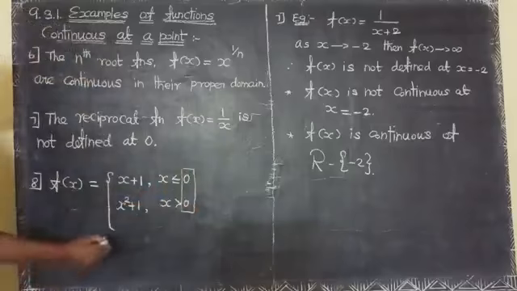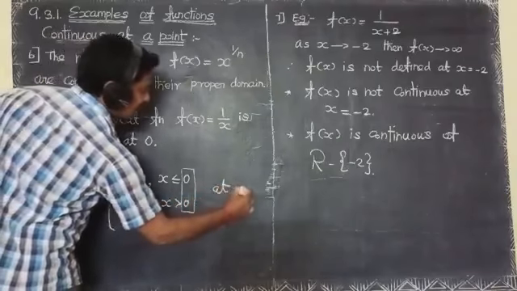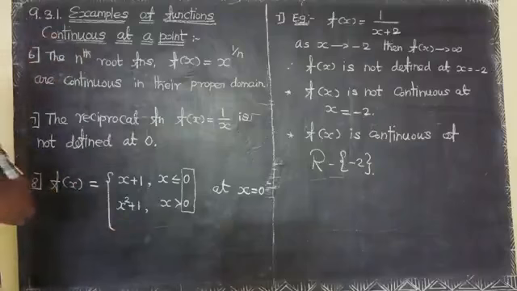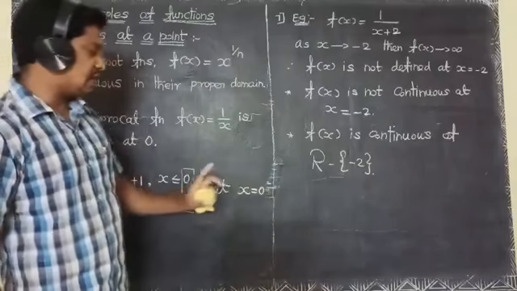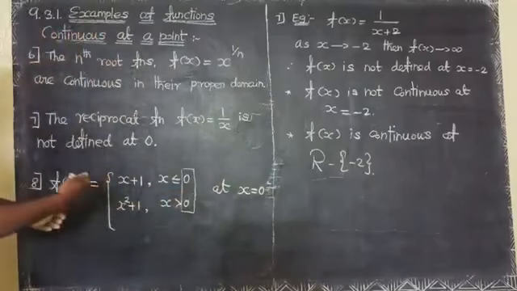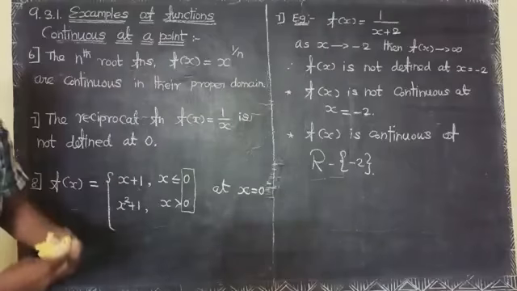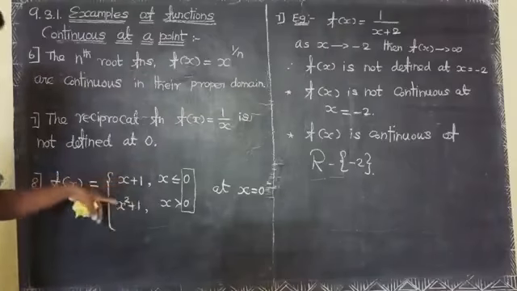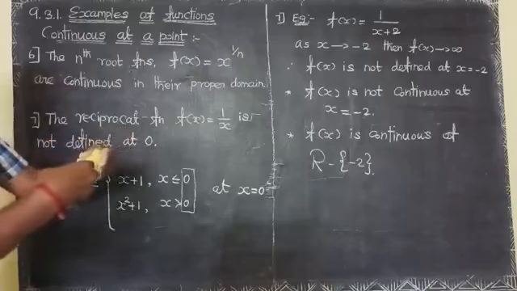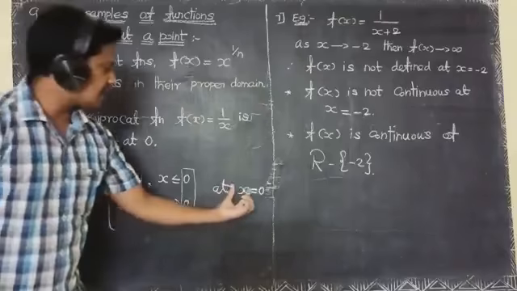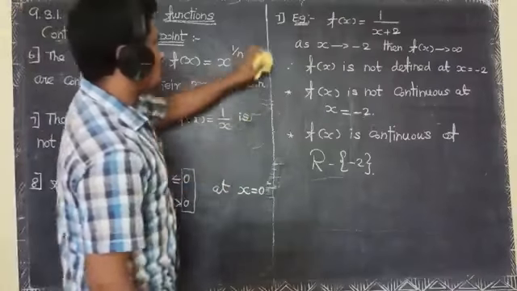To do this, find the left hand limit and the right hand limit. If both values are equal, the given function is continuous at x equal to 0. Now check it.